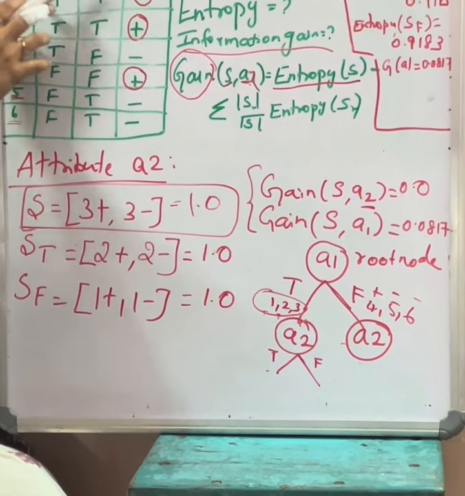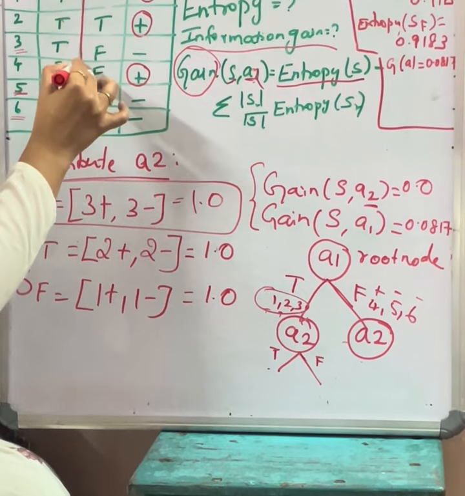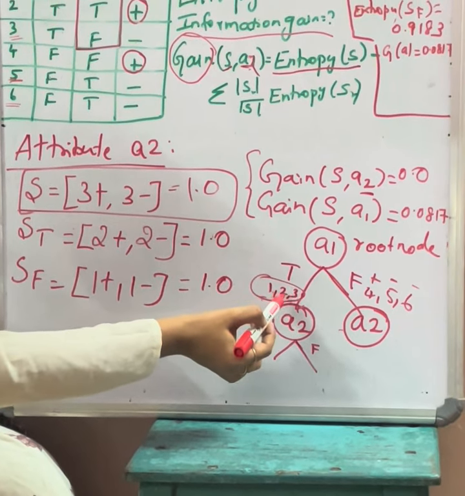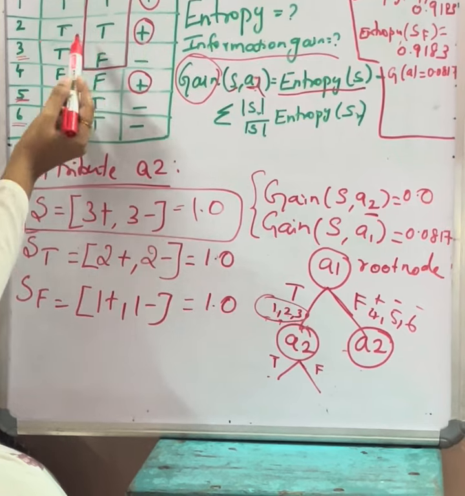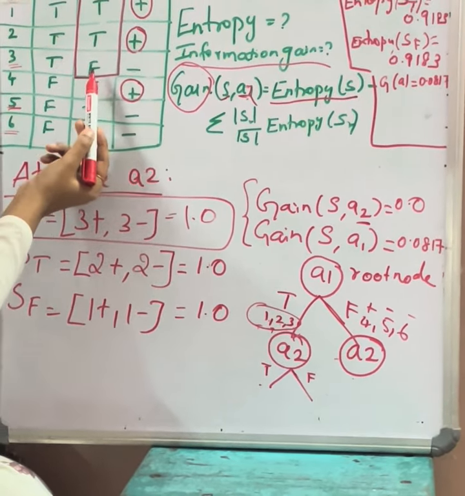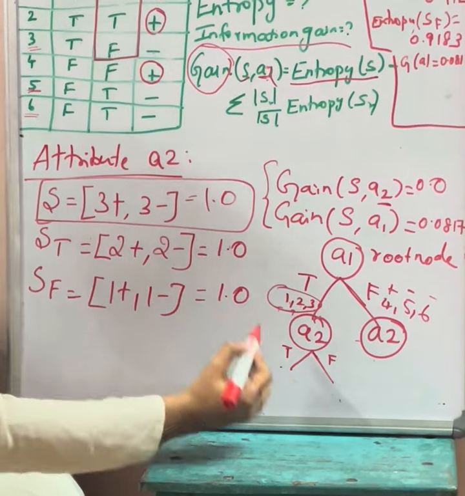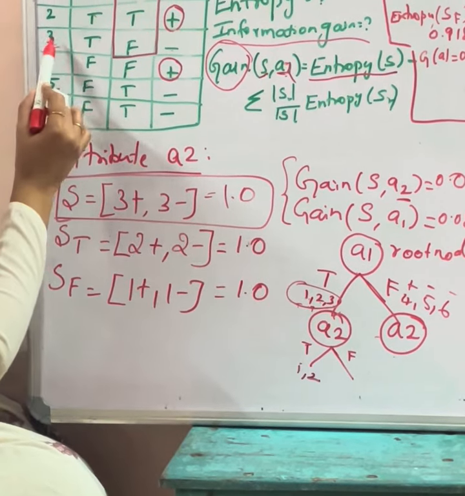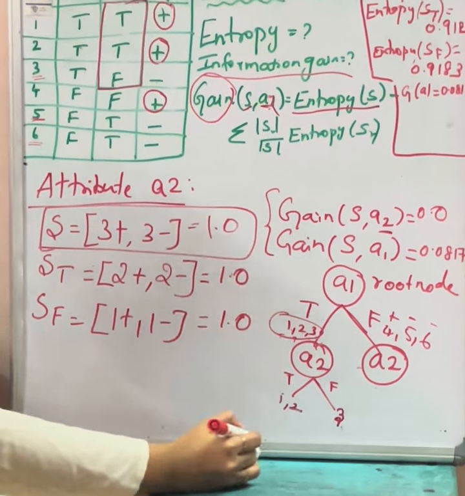So now let us check in A2. We have to take only the values of 1, 2 and 3 from A2, because the first level iterates with 1, 2 and 3. So from 1 it is positive, 2 it is positive, and 3 it is contributing negative, but the value of A2 is false. So for A2, the true values are 1 and 2 when it comes to 1, 2 and 3 at level 2, and when it comes to false it is contributing the third sample alone.